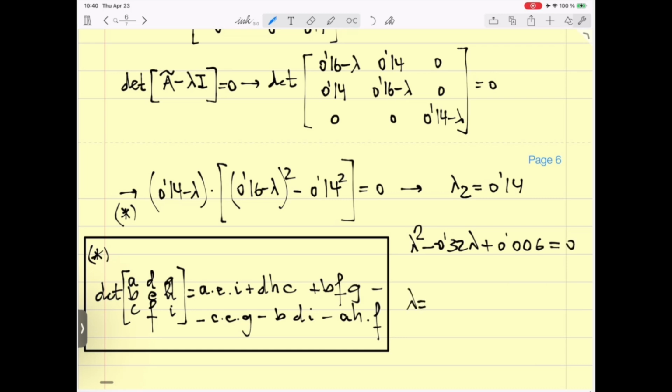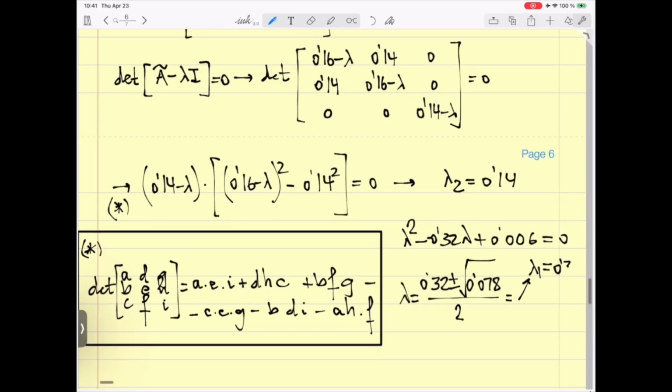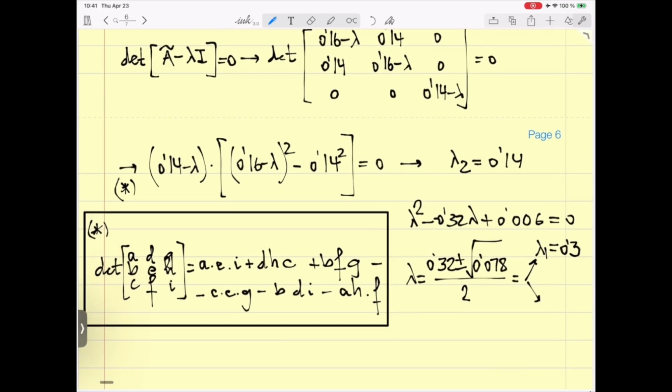So lambda equals 0.32 plus minus square root of 0.078 divided by 2. So this yields lambda 1 equals 0.3 and lambda 3, sorry, 0.02. Okay, so these are our three eigenvalues of the system, of the approximated system. Okay, so any questions so far?